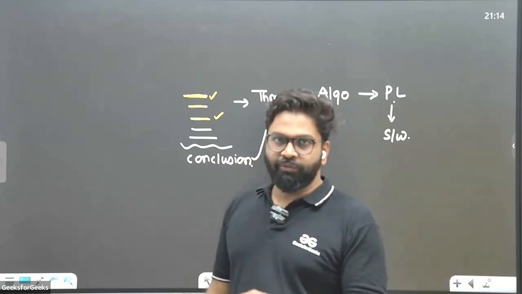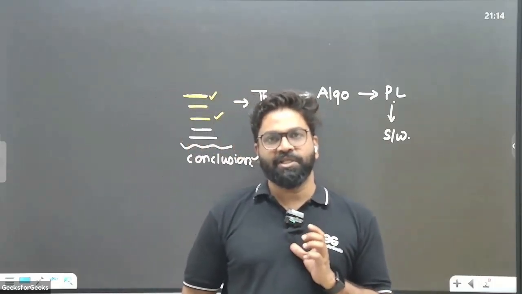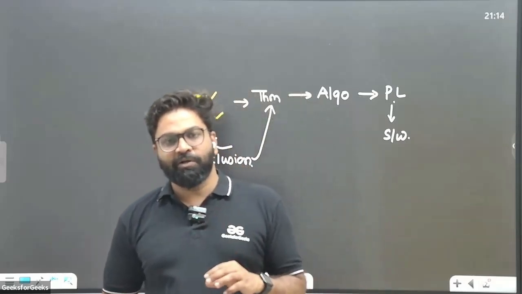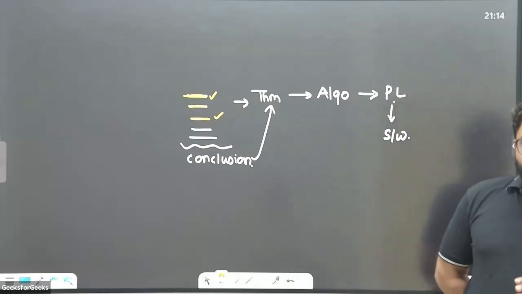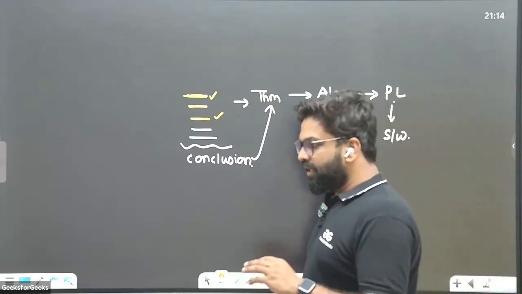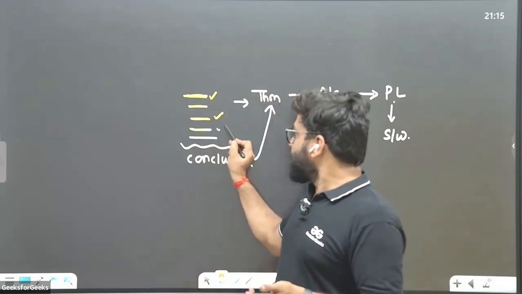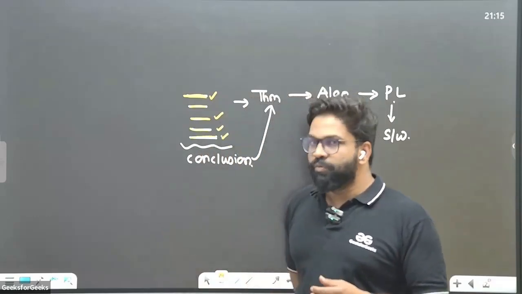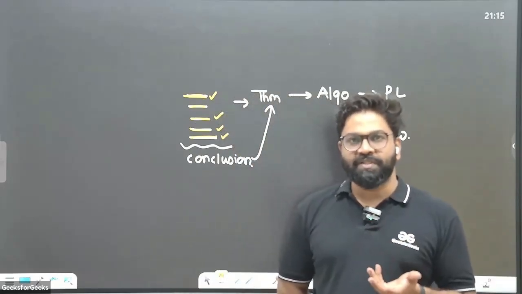So I'm trying to tell you the whole perspective. Mathematical logic gives us the power to check the validity of a statement, whether the statement is valid or not. So who gives this power? Mathematical logic.